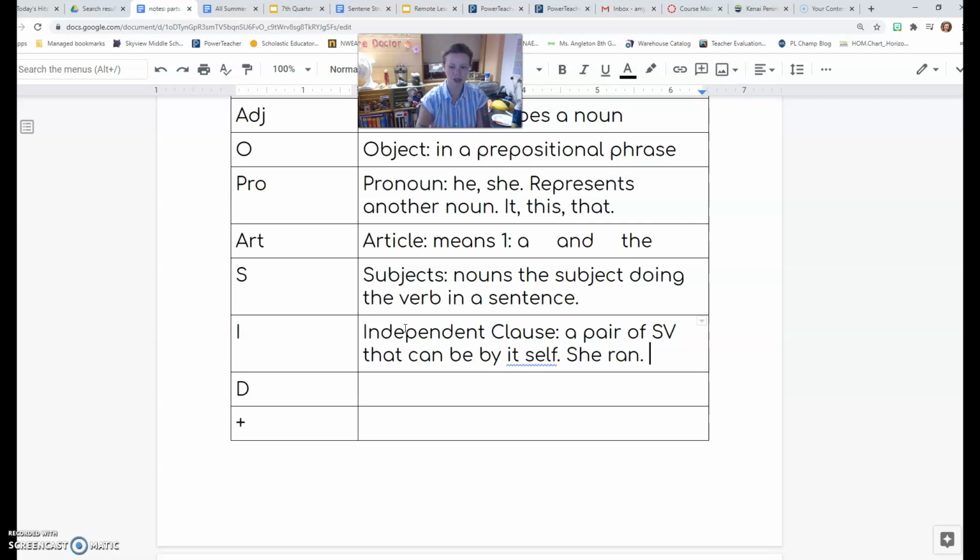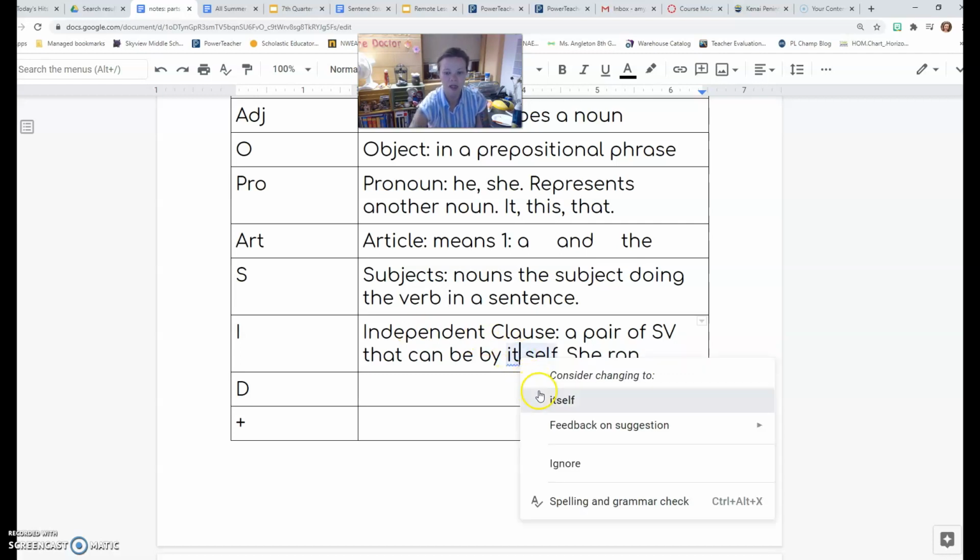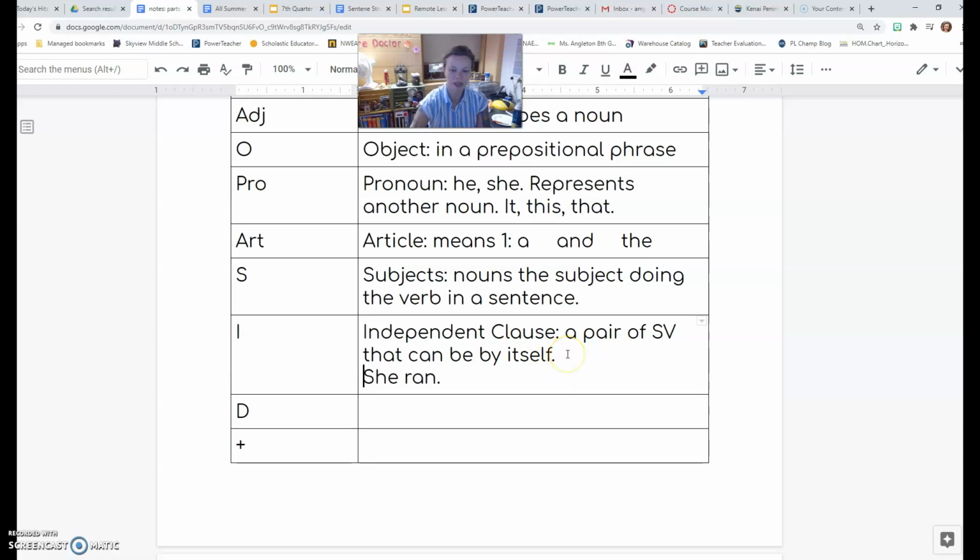She ran. Subject, she; verb, ran. It's simple and basic and can stand on its own. That'd be an independent clause, okay? A clause is anything that is a subject-verb pair together.